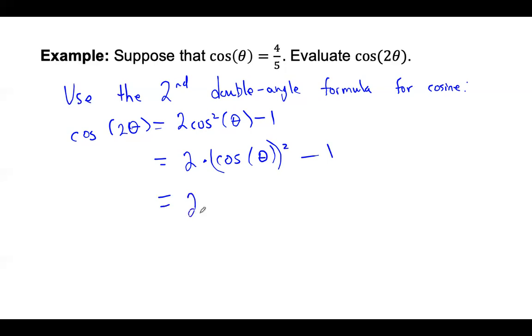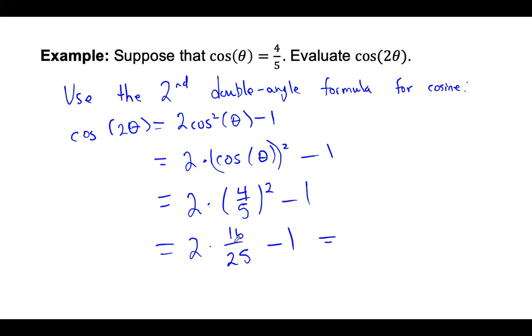So this is going to be 2 times 4 divided by 5, because cos theta is equal to 4/5 as given in the question. We're squaring it, subtract 1. Now we just do the math. So this is 2 times 4 squared, so it's 16, divided by 5 squared, 25, minus 1.